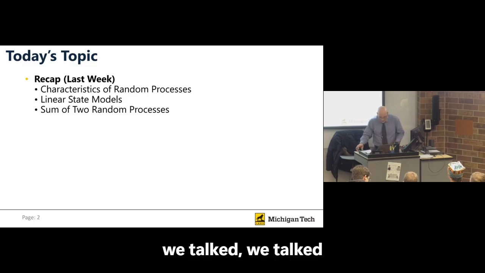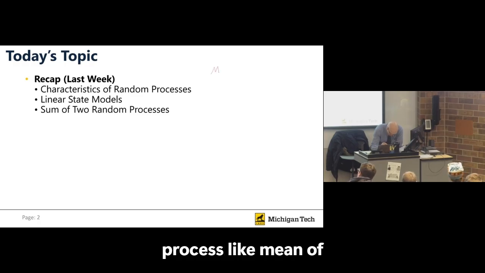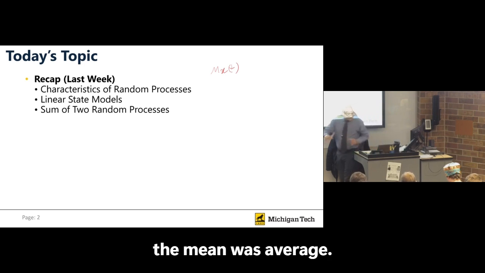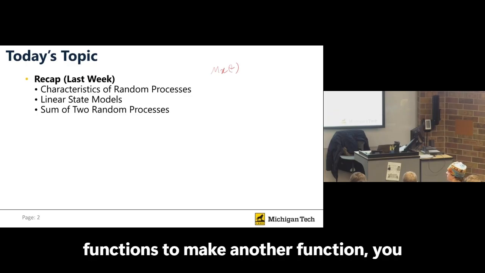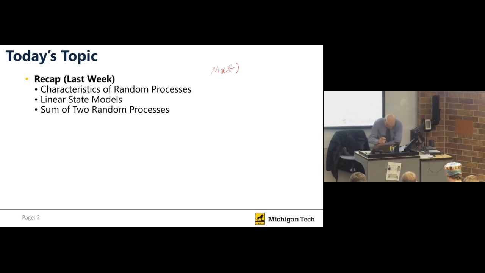We talked about characteristics of random process, like mean of random process, m x t. So the mean was average, but like average of all those functions to make another function, function of t. So that was mean.